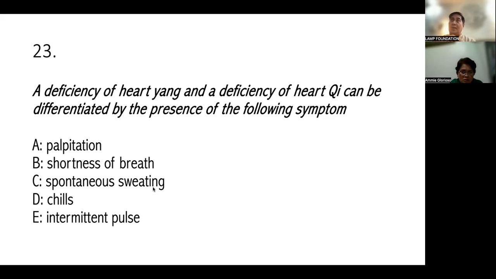Ano ba ang nararamdaman ng pasyente pag kulang sa init, kulang sa yang? Will the tongue look dry? When you say heart yang deficiency, sinabi mo may chills. Ano ba nararamdaman ng pasyente na lalamigan o naiinitan?